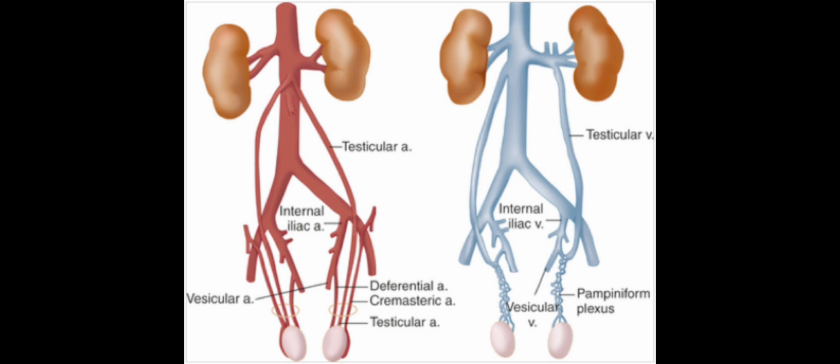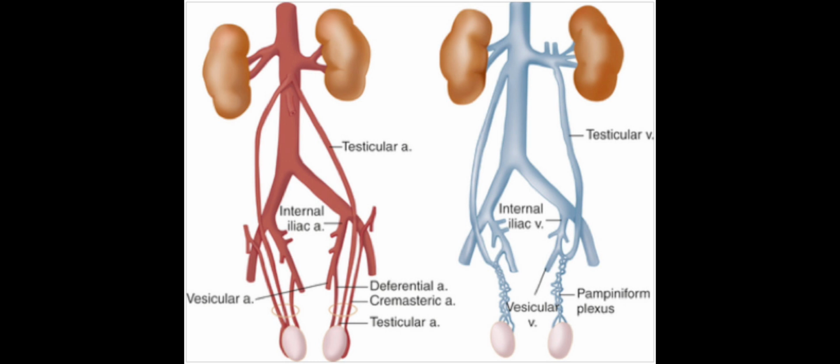It is also important to remember the venous drainage: the left testicular or spermatic vein drains into the left renal vein, while the right testicular or internal spermatic vein drains into the IVC, which is opposite to the testicular artery. The testicular artery on both right and left sides arises directly from the aorta.